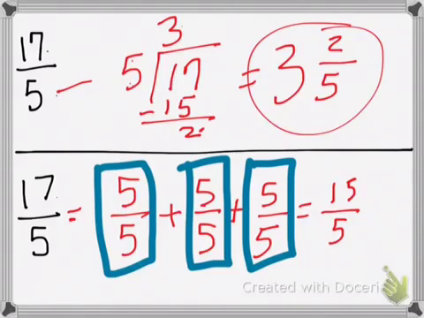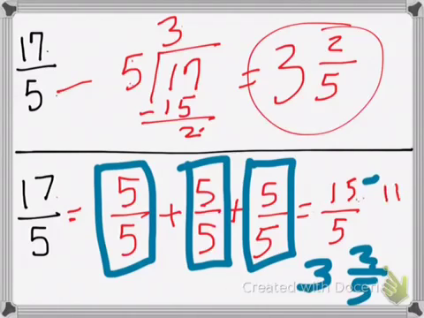Let me do it in a different color. This makes 3. And then we said that we need 2 more, right? Look what I just did. So there's 3 wholes and 2 fifths. The reason that there's 2 still there is because, remember, we only got to 15, and you needed 2 more. And so you have 2, and the denominator is 5. So it's 2 fifths.